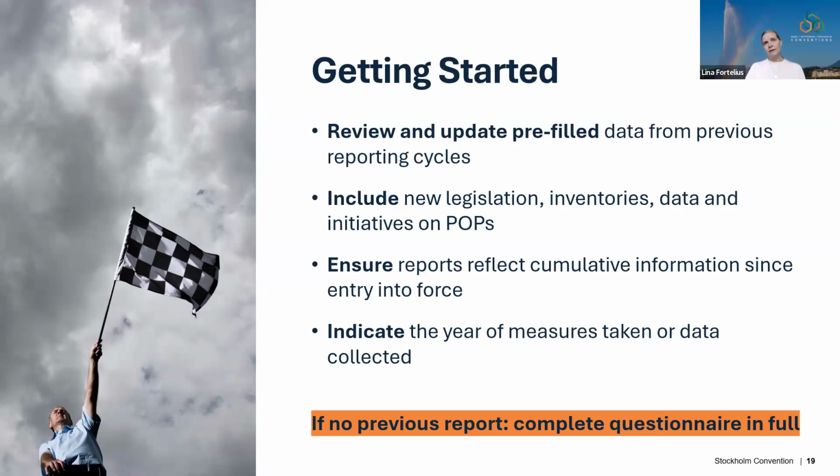However, if a country did not report in the 5th cycle or even the 4th, please include the data for all the years that are missing, and also indicate the year of measures taken or data collected. I want to stress that if your country doesn't have a previous report, please complete the questionnaire in full, the best you can.